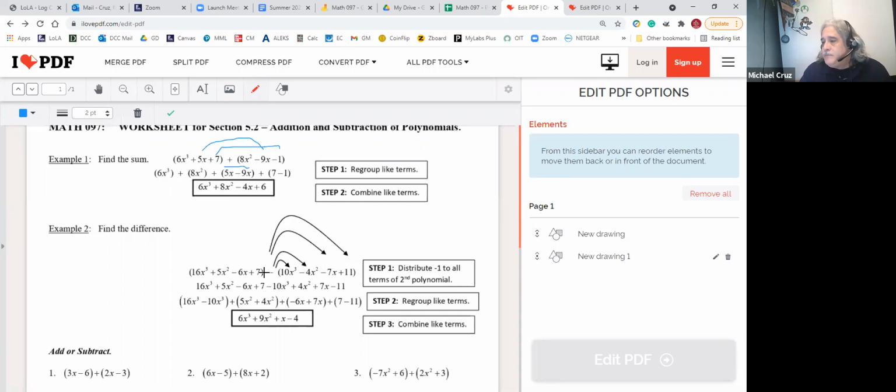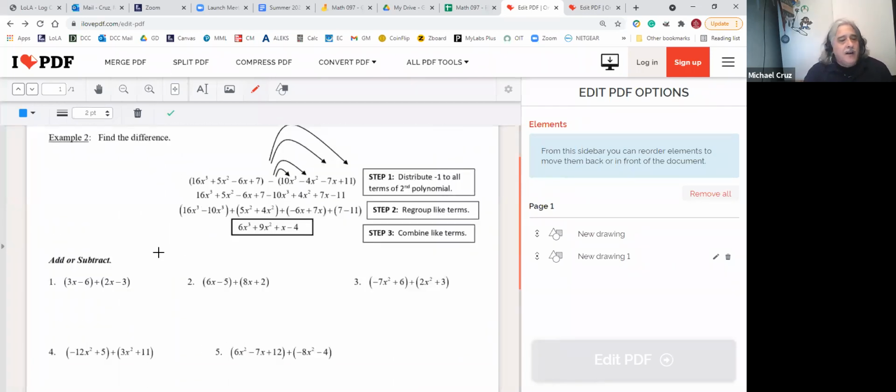Any questions about that? The way I would describe it, when you're adding those two things in parentheses, you can essentially just drop the parentheses and then collect like terms. Now, for a difference or subtraction, you have to do something important before you collect your like terms.